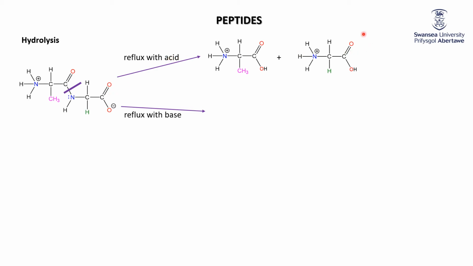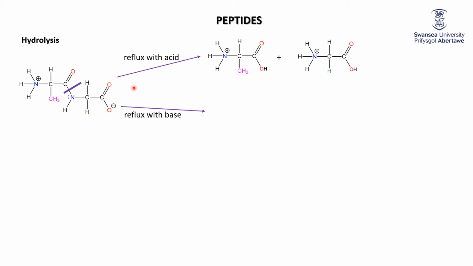When we put it in acid, it goes back to the acid form. The nitrogen's going to get cleaved, hydrolyzed, another couple of hydrogens put on there, and as we're in acid, it will turn from the amine form into the acid form itself. So reflux this with acid, and we get both alanine and glycine in their acidic forms.